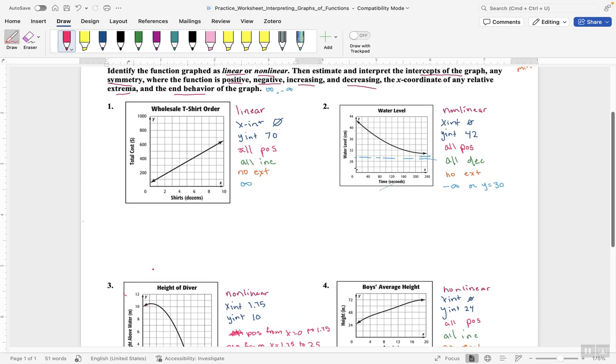For a graph to be symmetric, you have to be able to draw a vertical line at some point and then fold it, and it's the same graph. Well, if I drew a vertical line here and I folded it, it would not line up. Okay, so no symmetry.